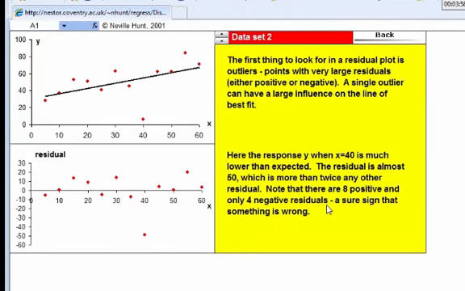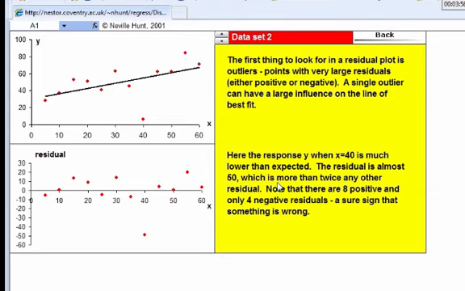The first thing to look for in a residual plot is outliers: points with very large residuals, either positive or negative. A single outlier can have a large influence on the line of best fit.